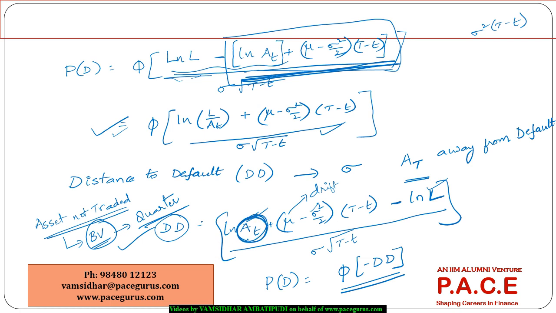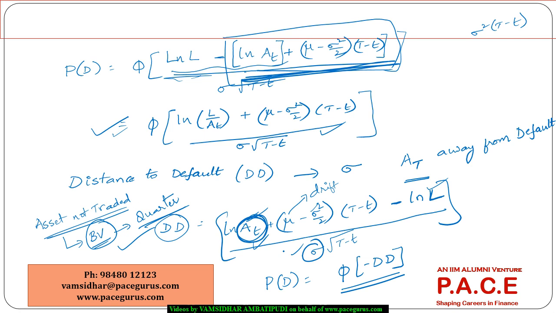I need to have some other mechanism to get this AT. Similarly, sigma: if I can't get AT, I can't get the volatility of the asset also. Only when I see that the prices are changing can I derive the volatility of the asset. So here, because the price of the asset is not observable, I cannot even get the volatility associated with the asset.